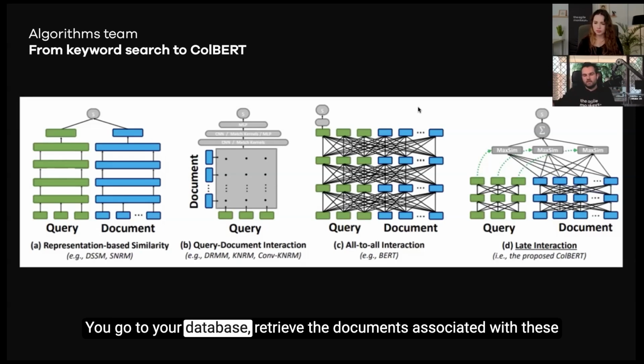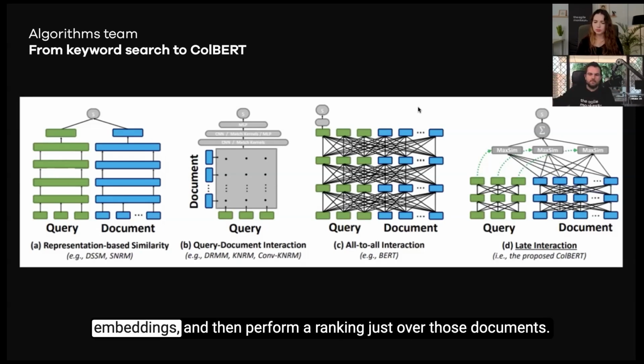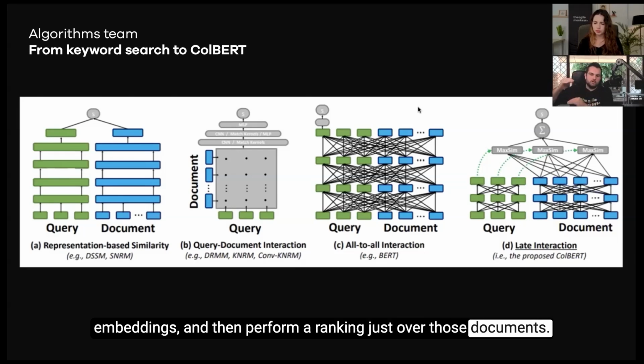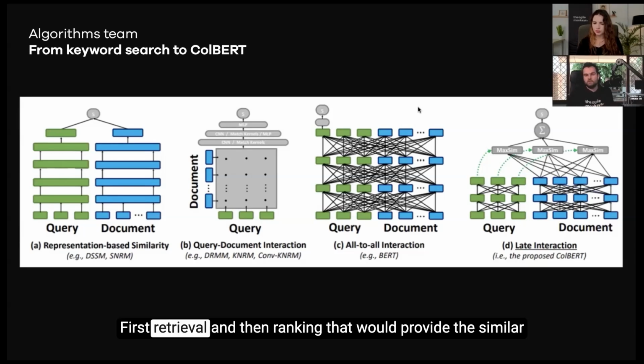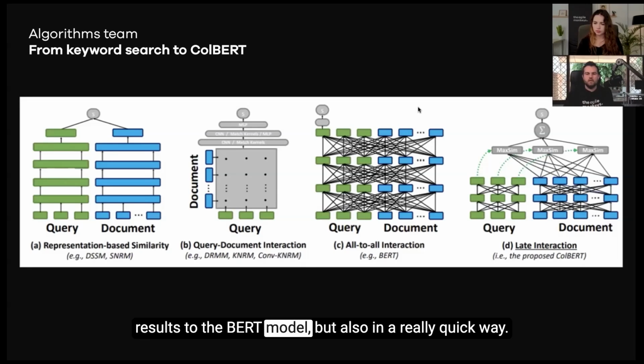You go to your database, retrieve the documents associated with these embeddings, and then perform a ranking just over those documents. So it would be a two-step process, first retrieval and then ranking, that would provide similar results to the BERT model, but also in a really quick way.